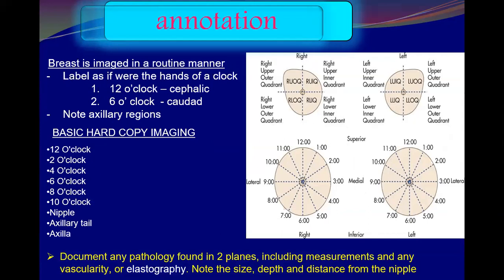The highest point, the cephalad part, is at 12 o'clock, and the caudal or inferior part is 6 o'clock. And we have to note the axillary regions. We have to have imaging at 12 o'clock, 2 o'clock, 4 o'clock, 6 o'clock, 8 o'clock, 10 o'clock, nipple, axillary tail, and axilla. And we have to document any pathology in 2 planes.